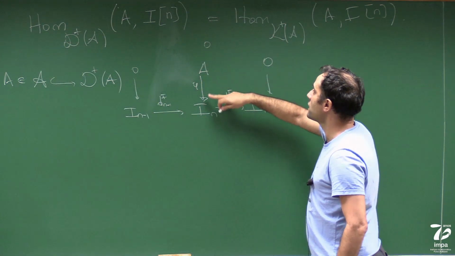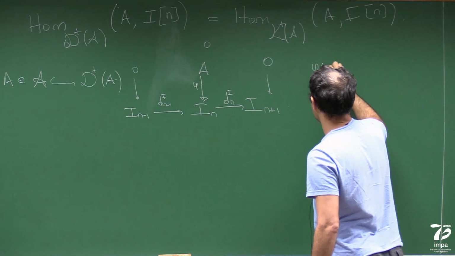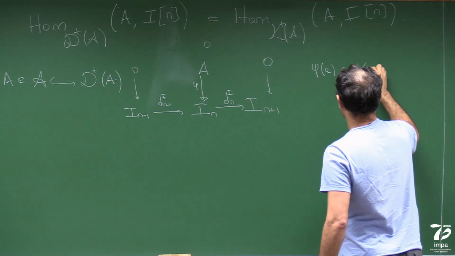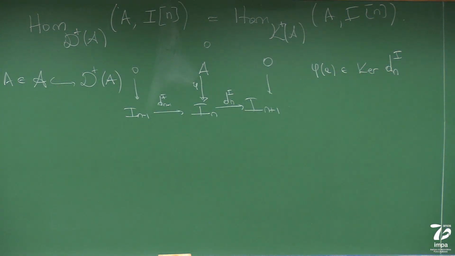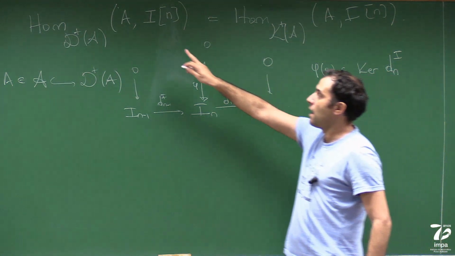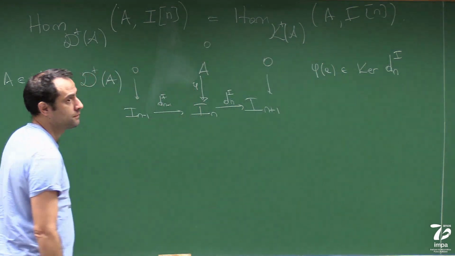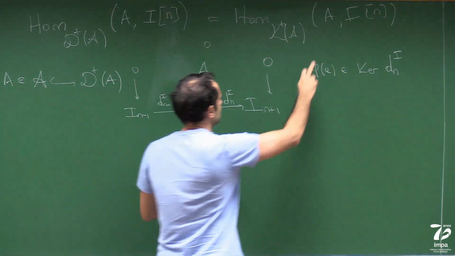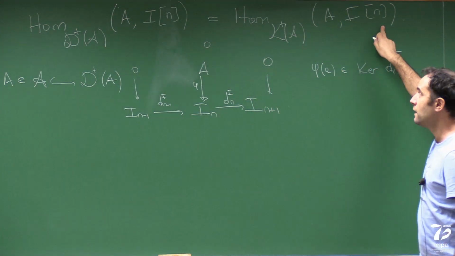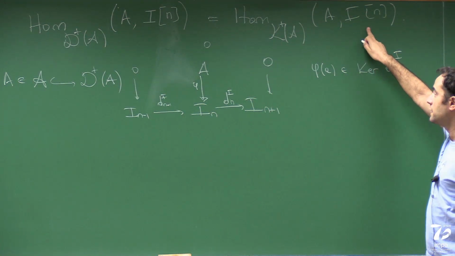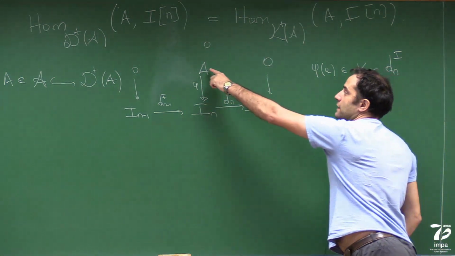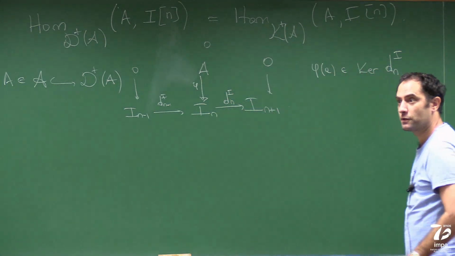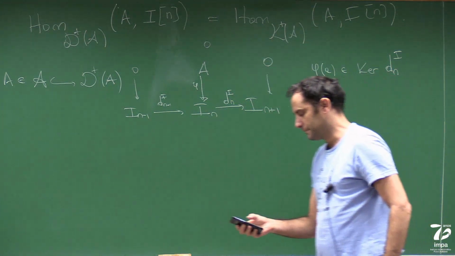So the only condition here is that phi of A is inside of the kernel of d^n of I. So a morphism here is the same thing as a morphism here, a map such that the image of A is in the kernel of the differential.